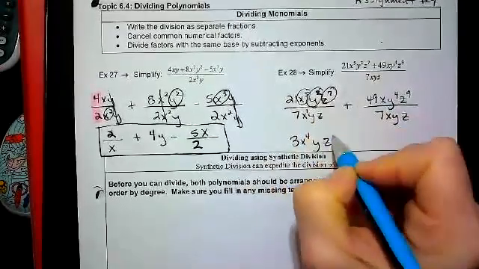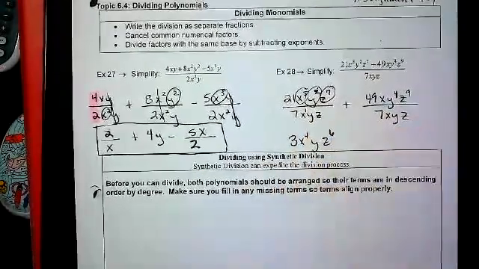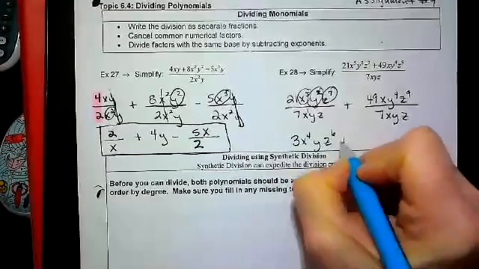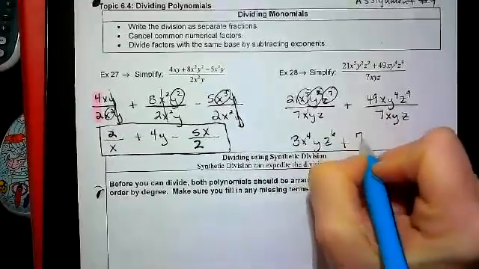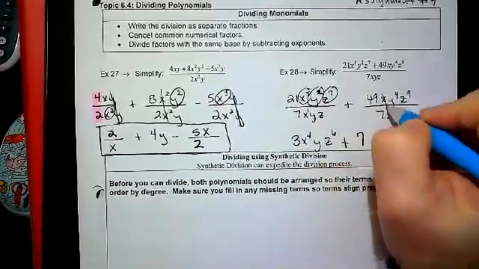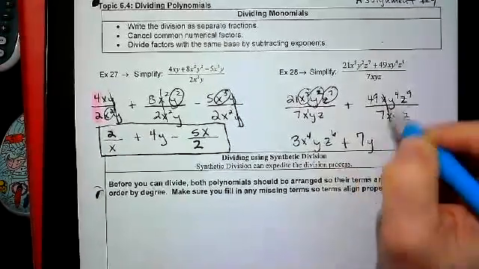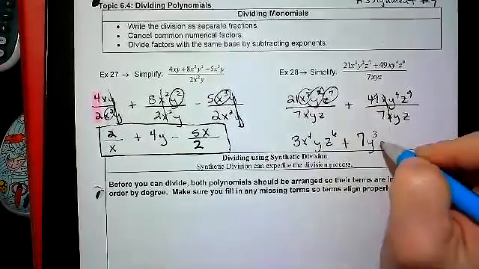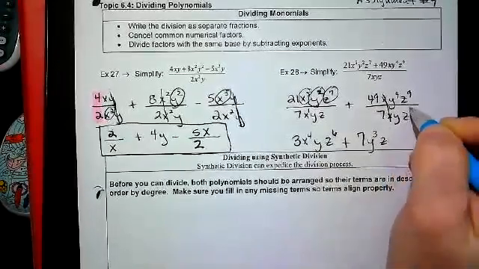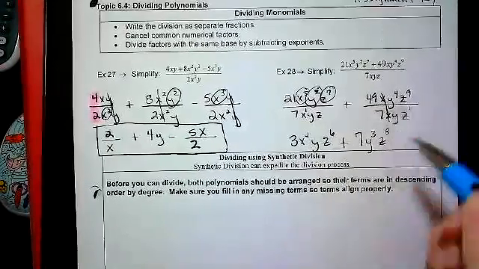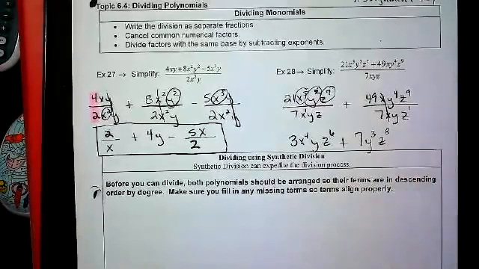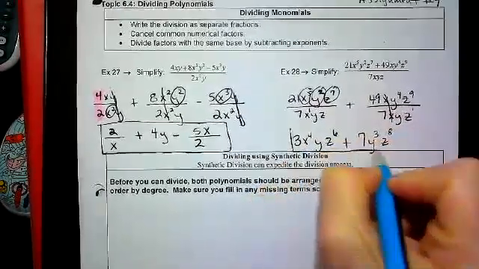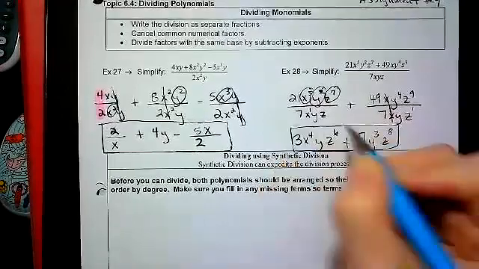And for z, 7 minus 1 is 6. And then we have 49 divided by 7 is 7. Our x's would zero out. Our y, 4 minus 1 is 3, so that would be y to the 3rd. And for z, 9 minus an understood 1 is 8. So again, it all divided up into the top, so this would be our answer for example 28.